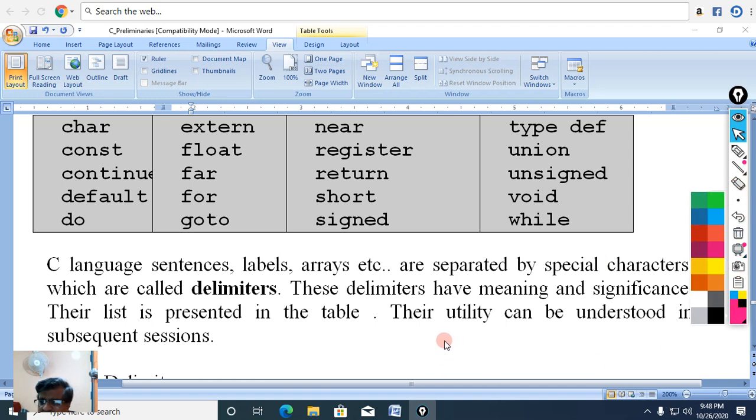Okay, let us say salary amount, if you want to write it. Okay, salary, I think this should be a small letter. Salary, it is a small letter. Amount, A is capital.